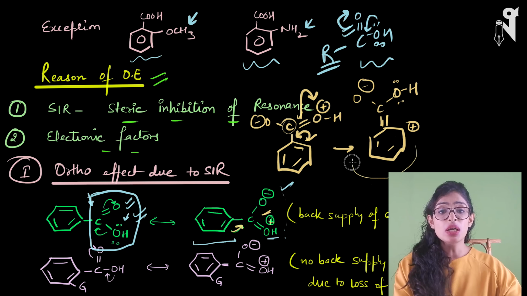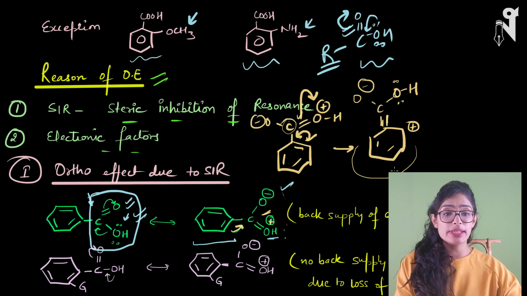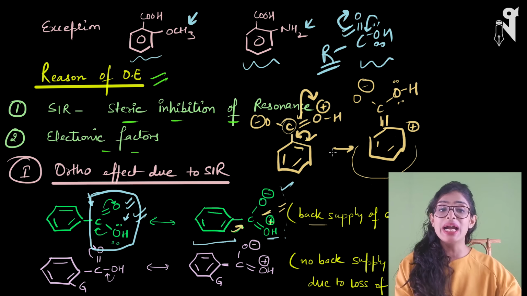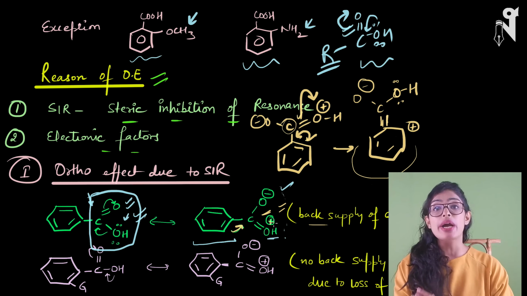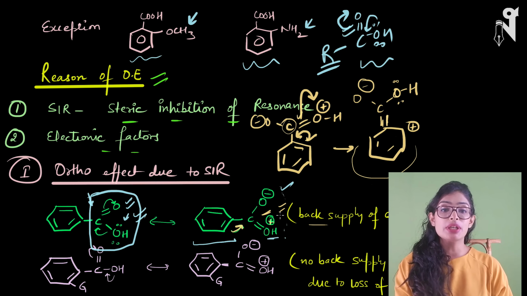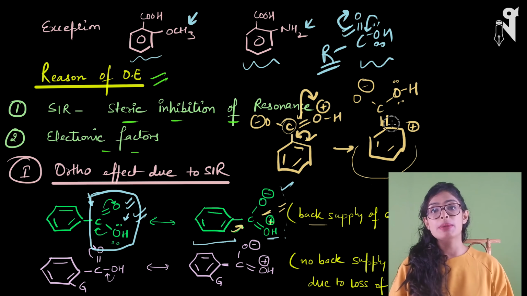So first of all, your oxygen got the electron density back from the benzene, so there is a back supply of electrons from the ring. What we expected was that oxygen with a positive charge will be highly unstable and it will kick out hydrogen faster, but it got the back supply from the benzene. It got the electrons from the benzene due to the resonance.